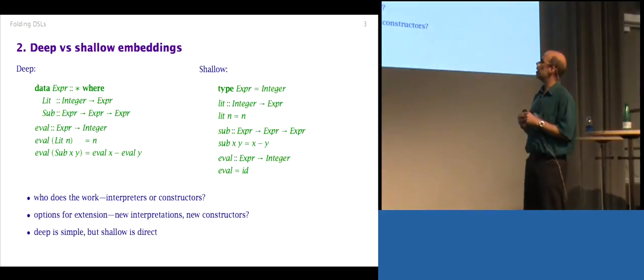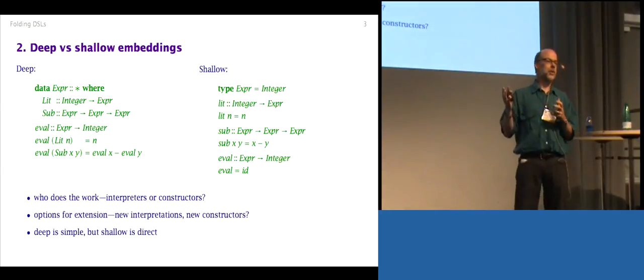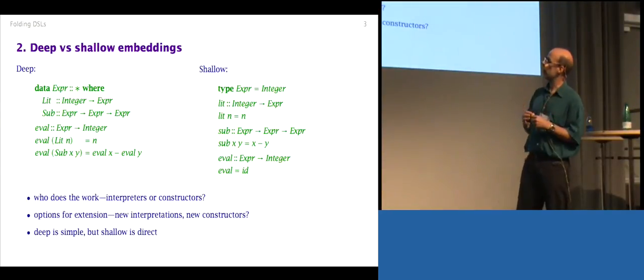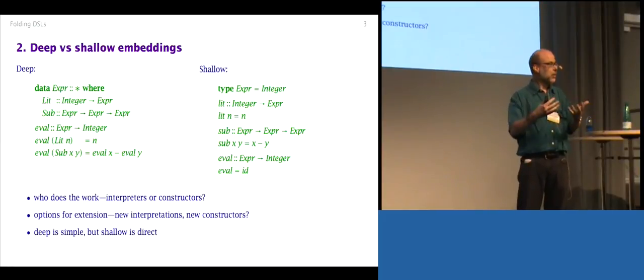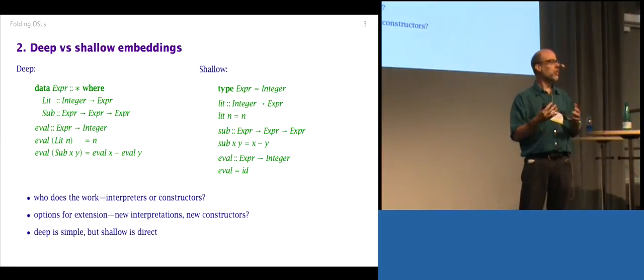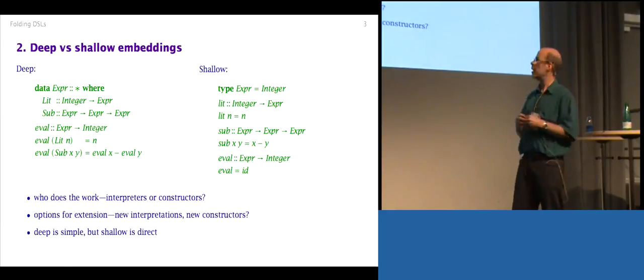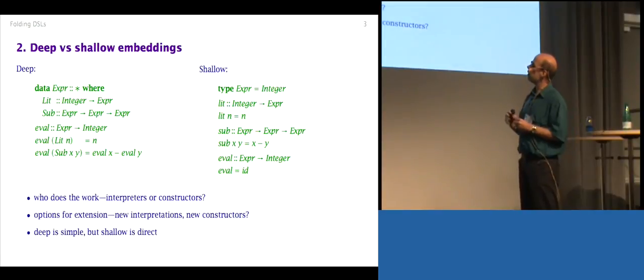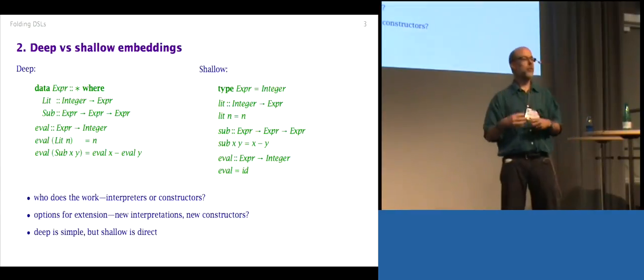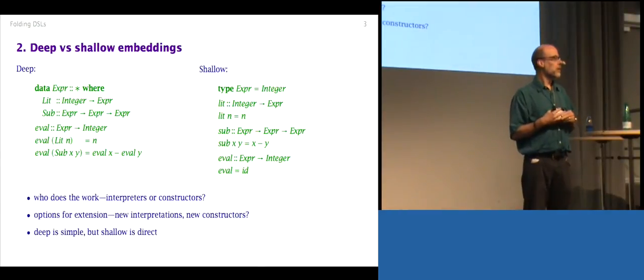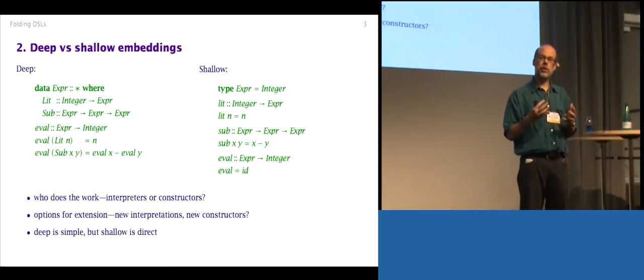So for a deep embedding, it's straightforward to add other valuation-like functions, but more complicated to add other terms. And you have the dual kind of extensibility properties of a shallow embedding. So the deep embedding is a very simple thing. It's kind of the natural thing that you might first do, but shallow embeddings are the trendy thing.